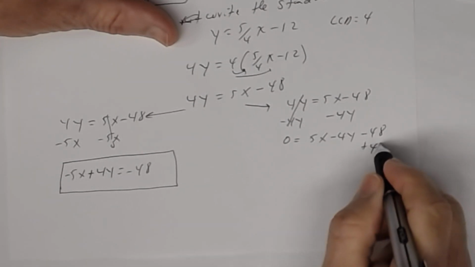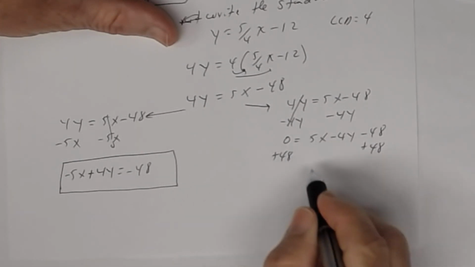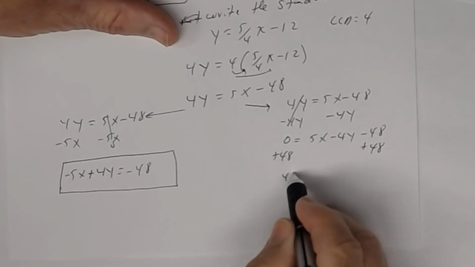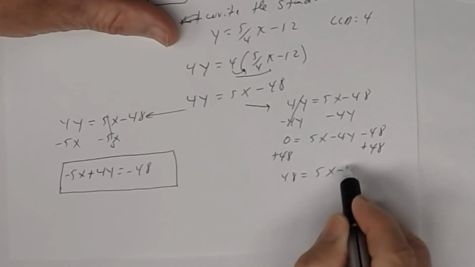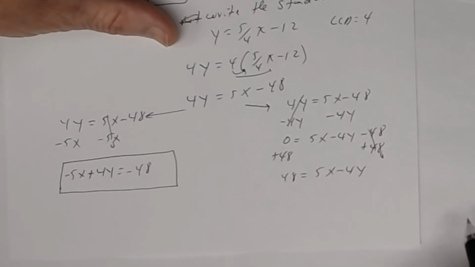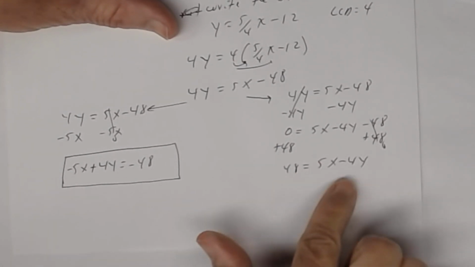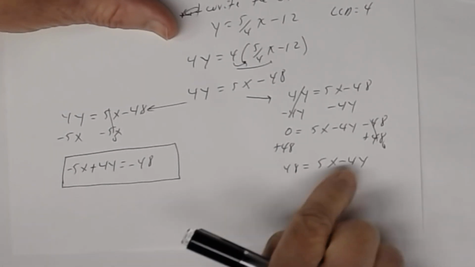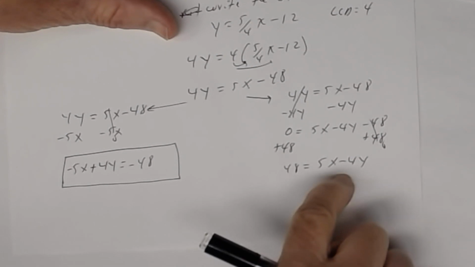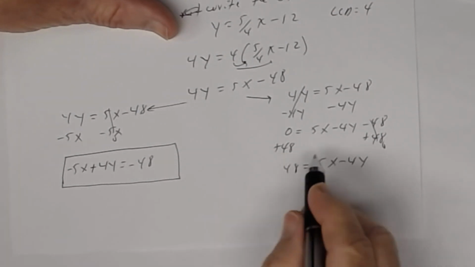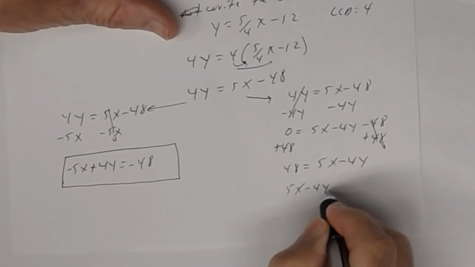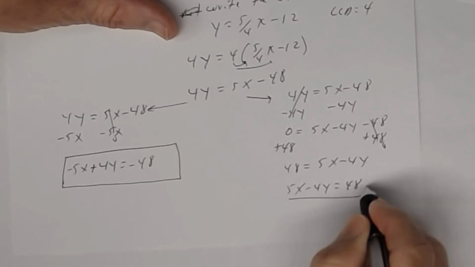So now you're going to add 48 to both sides. So you get 0 plus 48 is 48 equals 5x minus 4y, right? And then transitive property, let's go ahead and put the variables on the left. So if 48 equals 5x minus 4y, then 5x minus 4y must equal 48.